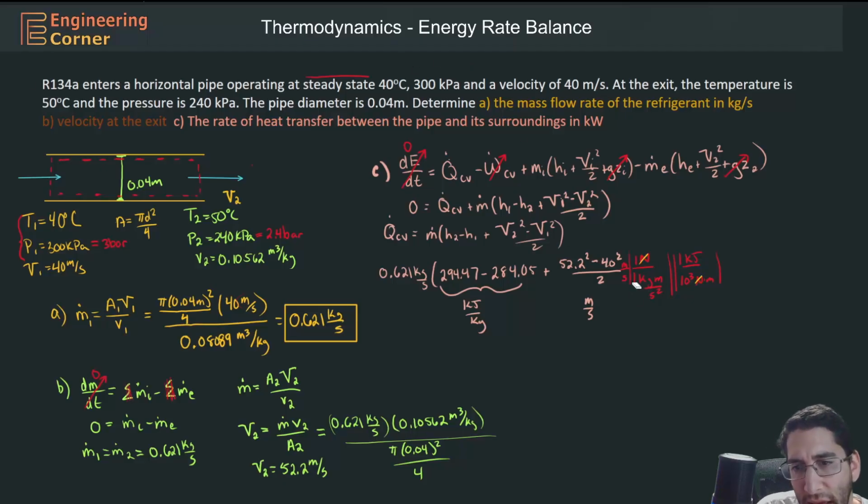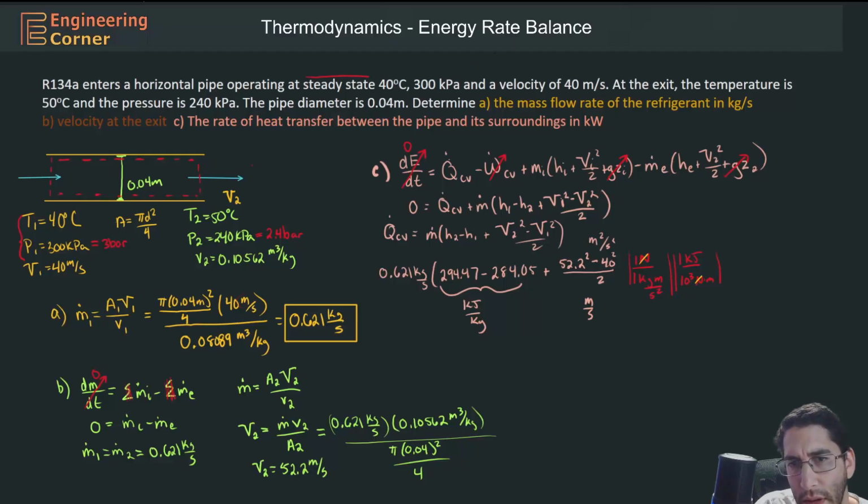What we actually have is here. That meters per second is actually a meter squared per second squared, because each of these terms is going to be squared. So 52.2 meters per second, we square the unit.